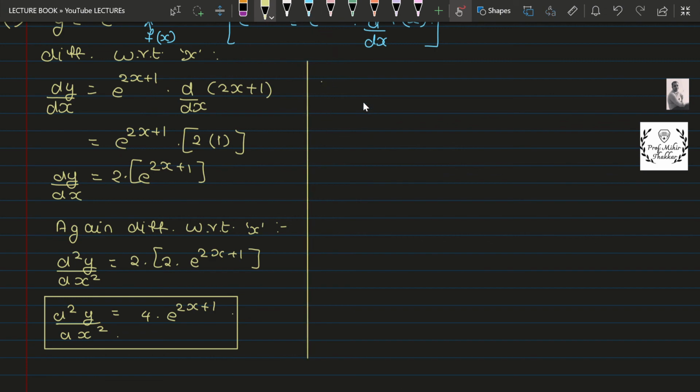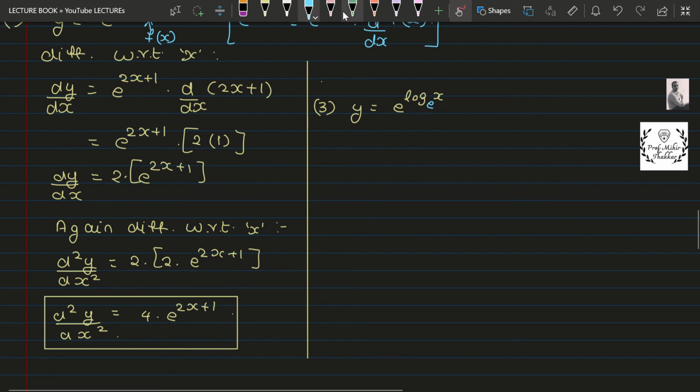So the sum number 3 is y is equal to e to the power log x. Always remember guys, in case of calculus, if nothing is given to us in the base, then the base is always considered as e.